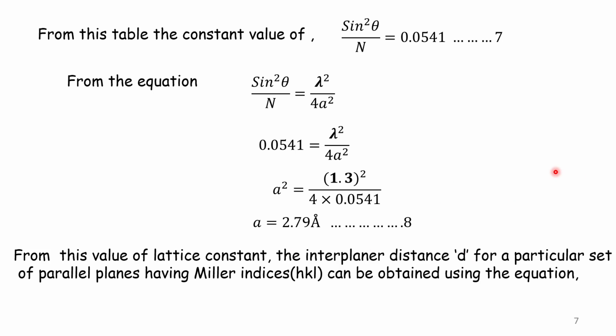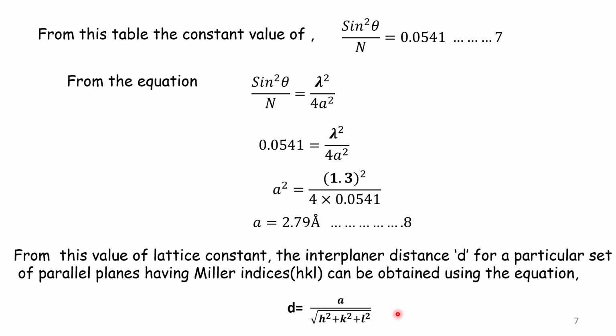By using the value of this lattice constant, we can determine the value of the interplanar distance d for a particular set of parallel planes having the Miller indices HKL.